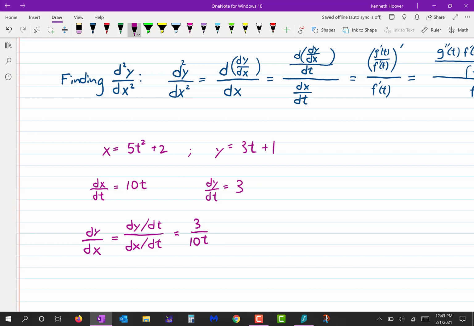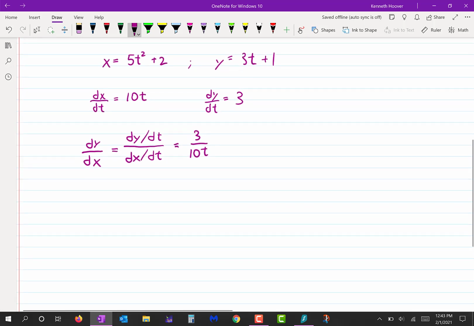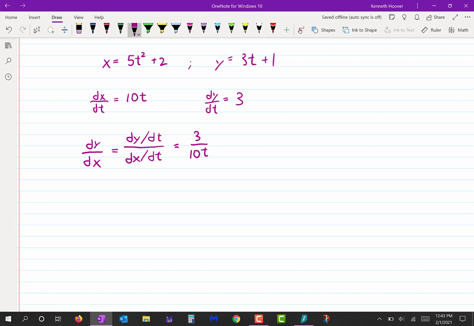Now, let's find the second derivative of y with respect to x. So what's the formula for that? It's the derivative of the first derivative with respect to x.